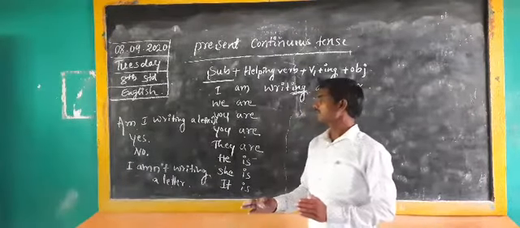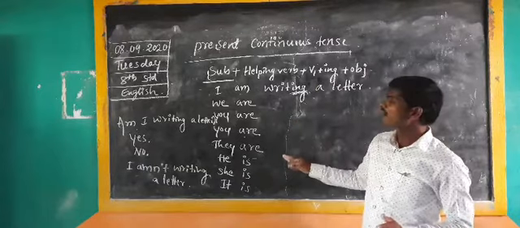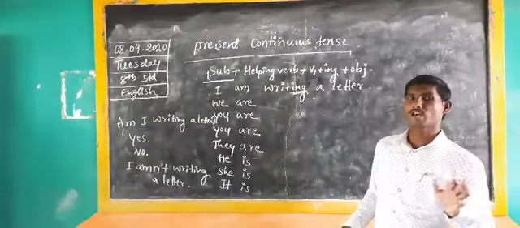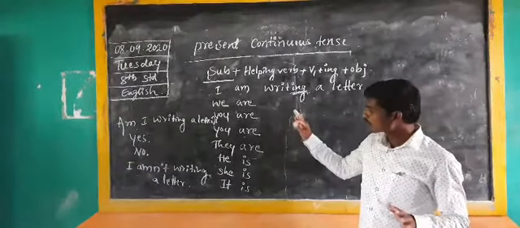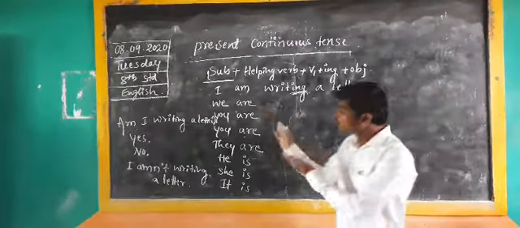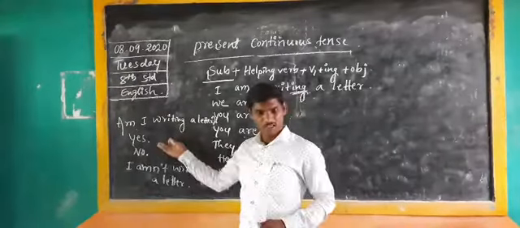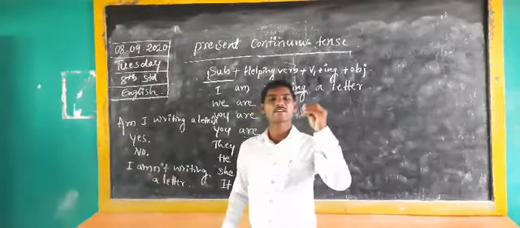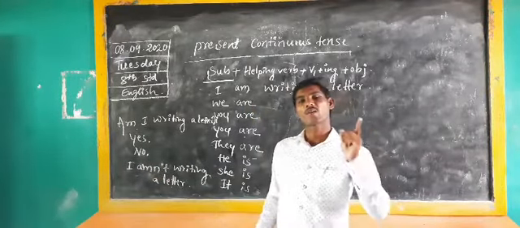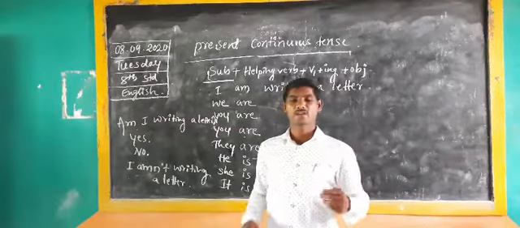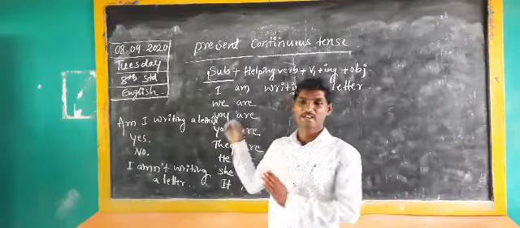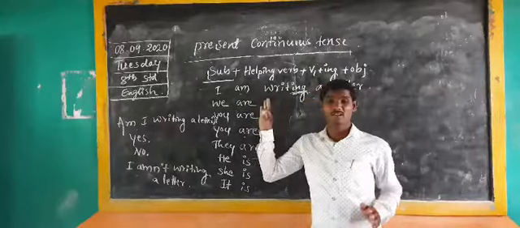In the same manner, I hope that dear students, you will convert the rest of these sentences into question sentences, then make yes or no sentences, and write very carefully, read once and write twice. We can easily understand present continuous tense.